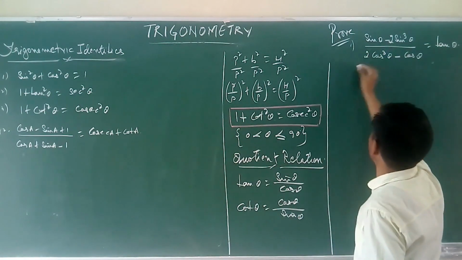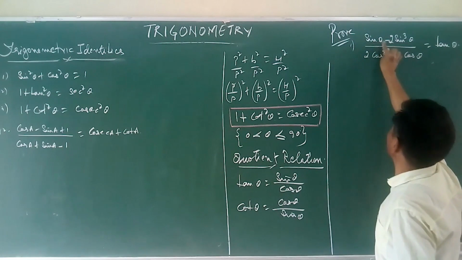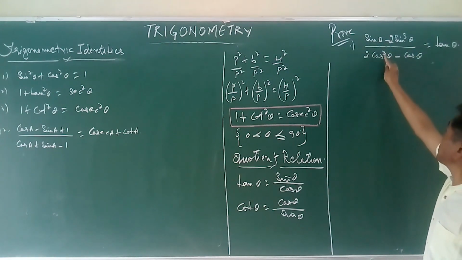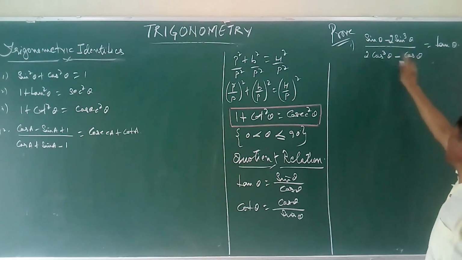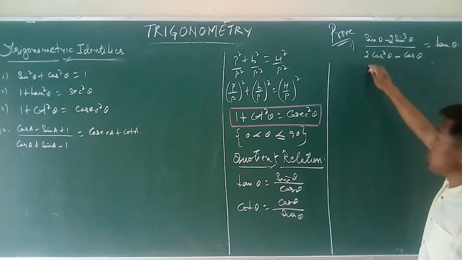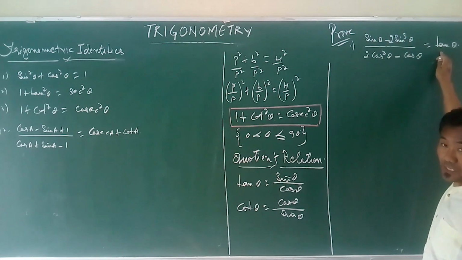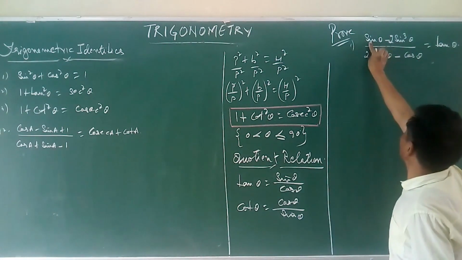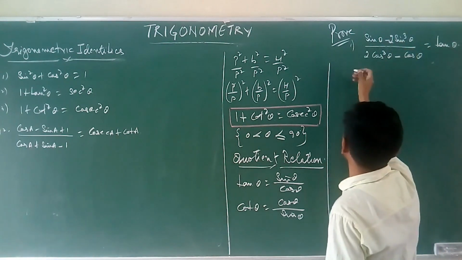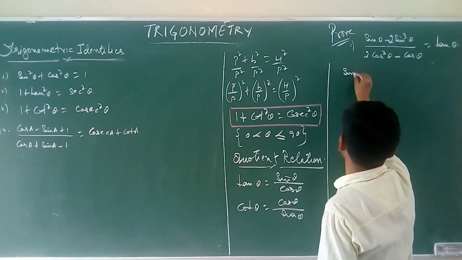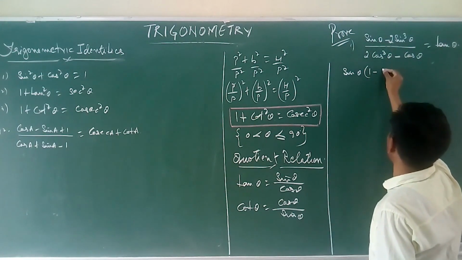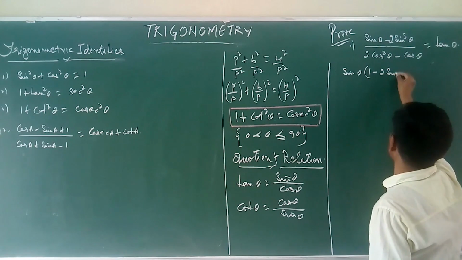The first example is sine theta minus 2 sine cube theta, divided by 2 cos cube theta minus cos theta. By solving this, the result should be tan of theta. Let's see. Since sine and sine are common, we'll take sine theta as common, and what is left here is 1 minus 2 sine square theta.